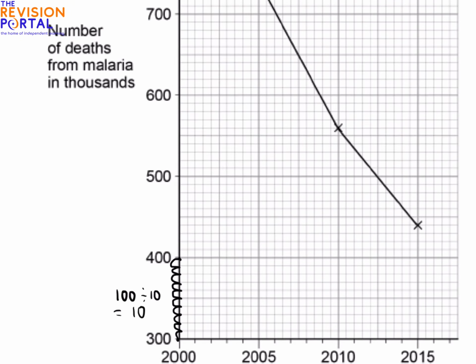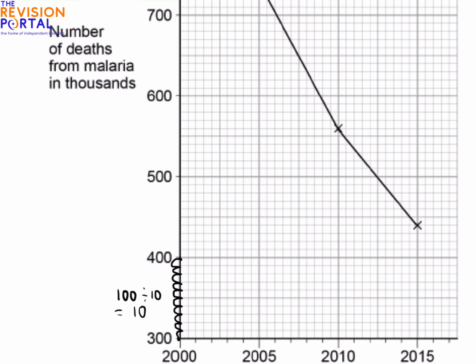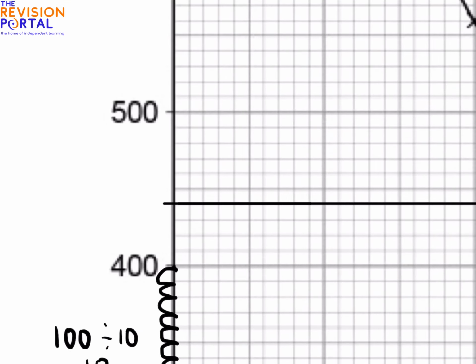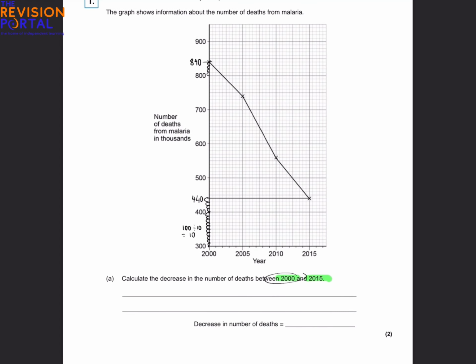So we go down and use a ruler for this and go across. And we can count again. So 410, 420, 430 and 440. So the final sum is going to be 840 minus 440. And this gives us 400.